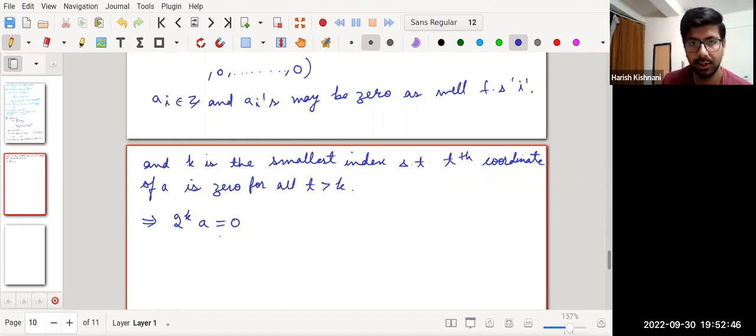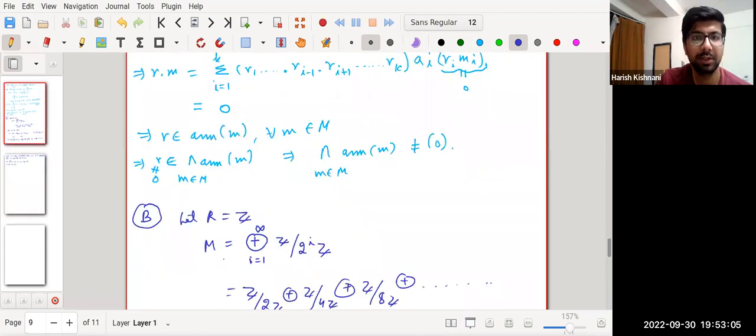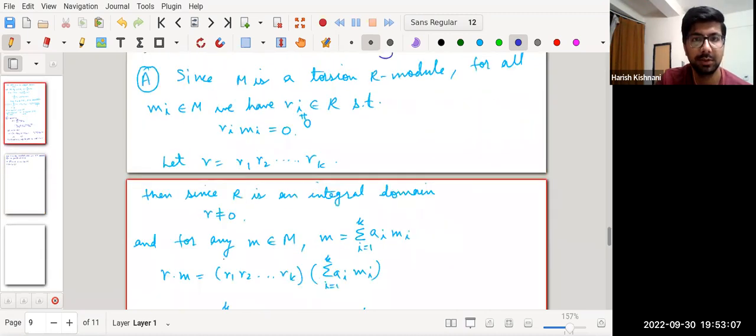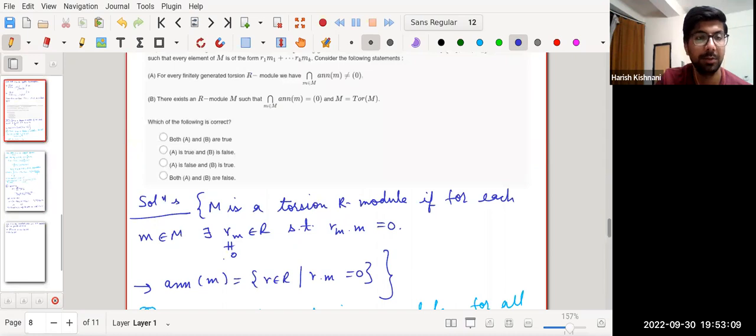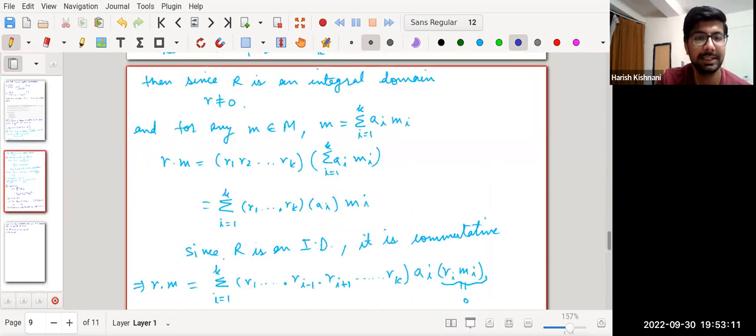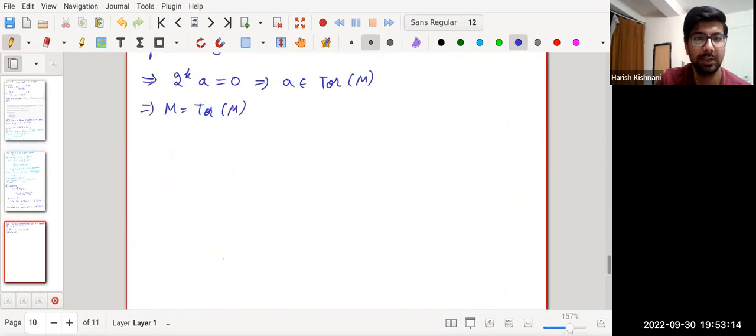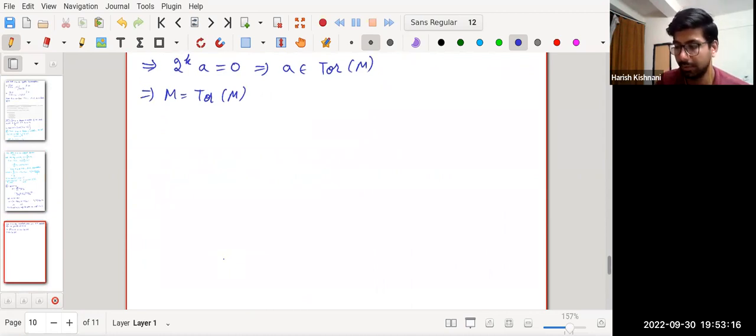And thus a belongs to the torsion of M. You pick it to be an arbitrary element, and this will imply that M is a torsion module, because a was an arbitrary element. So for any arbitrary element you are getting this condition. So M is a torsion module. Now you need to prove that the annihilator is 0.